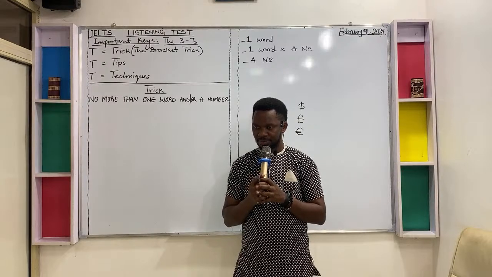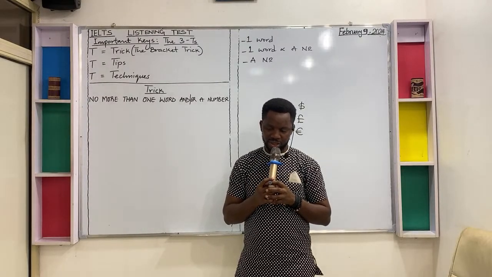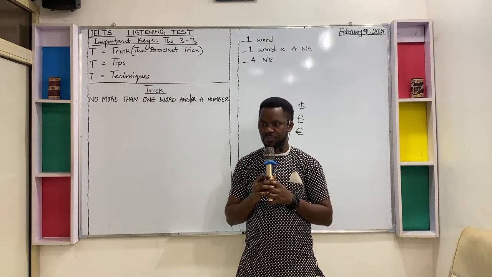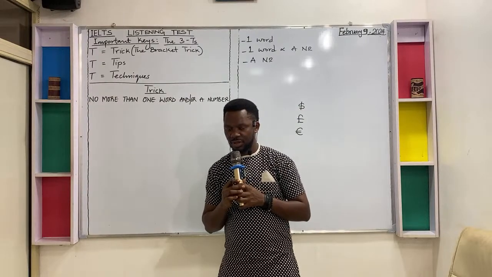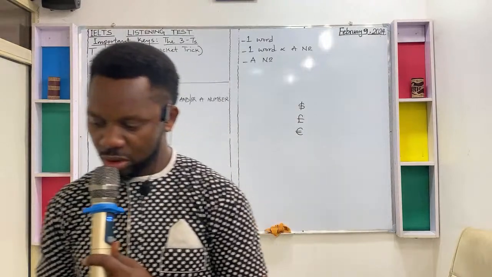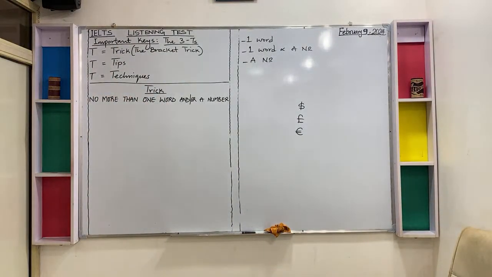If the currency is written either in symbol or in word, you don't have to write it as part of your answer, because if you do that, it would annul your answer. Okay, please, do we understand this?